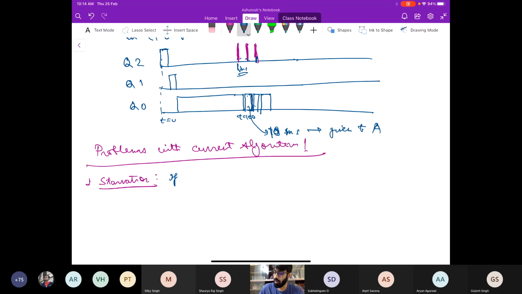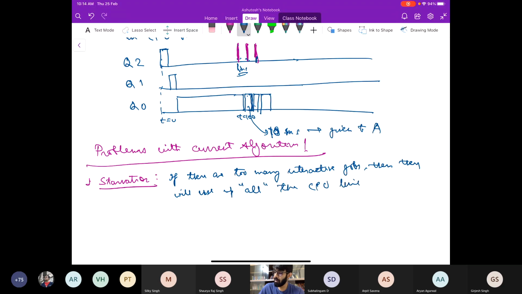If there are too many interactive jobs, then they will use up all the CPU time and the CPU intensive jobs will not get any CPU.